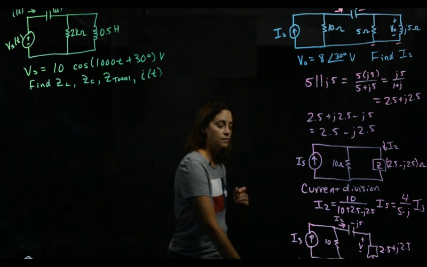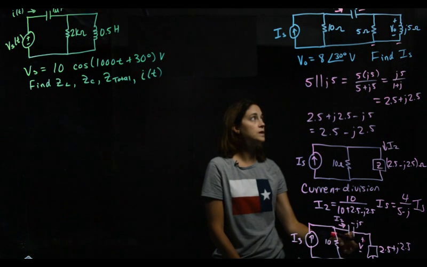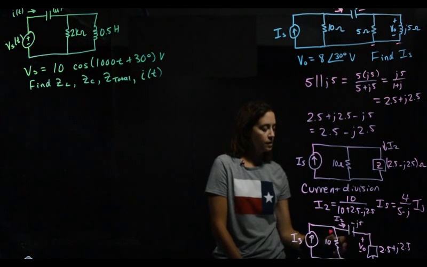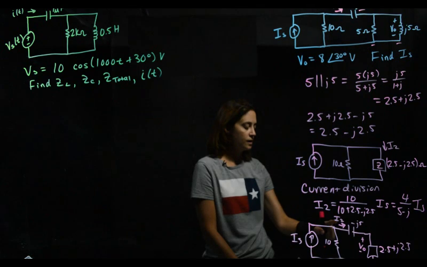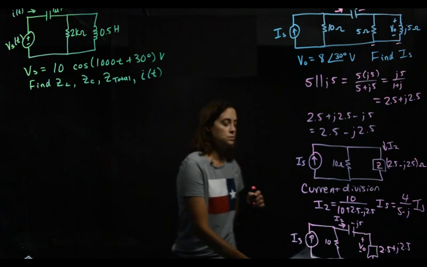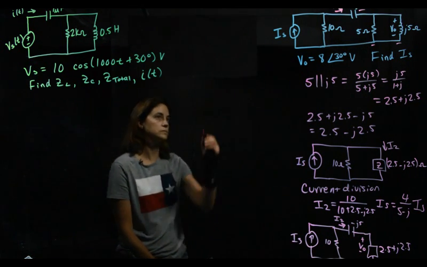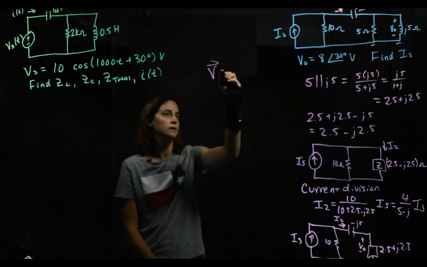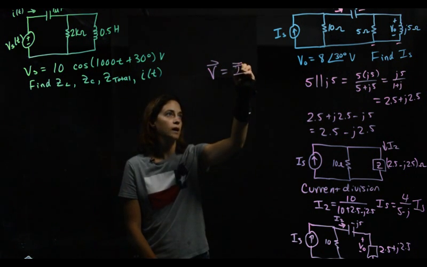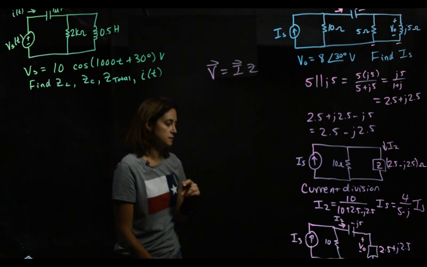So I can use Ohm's law, V equals IR, where the VO is my V, the I2 is my I, and the combination of these two is my R. So V equals, let's say Z for impedance instead.